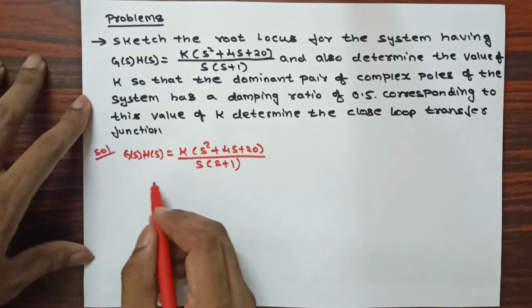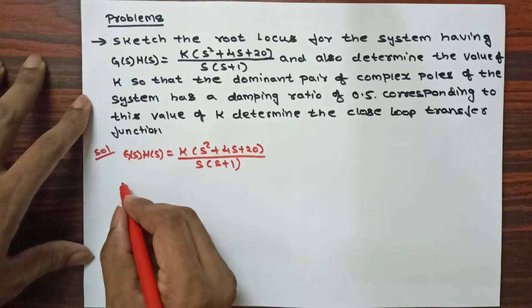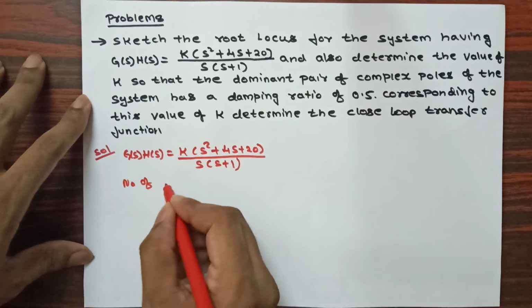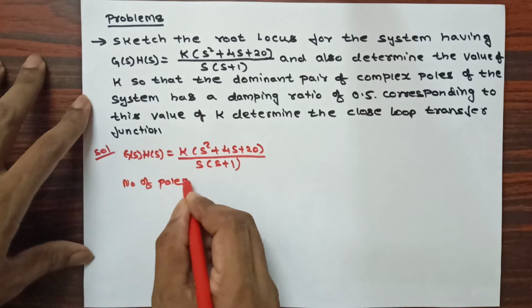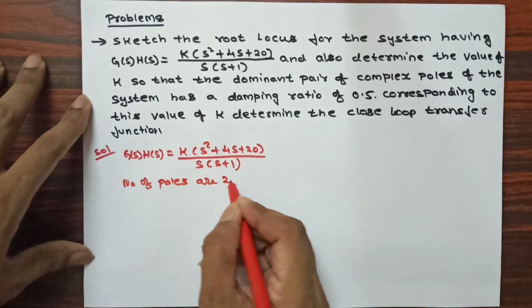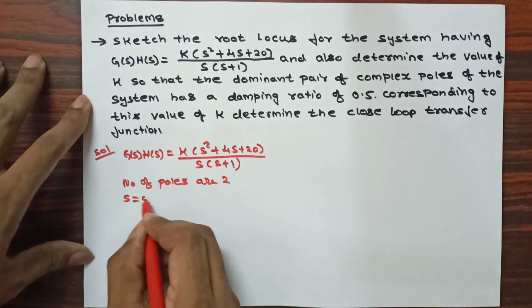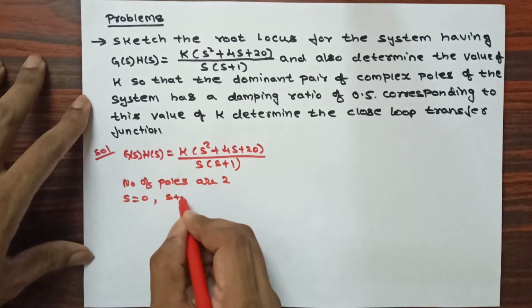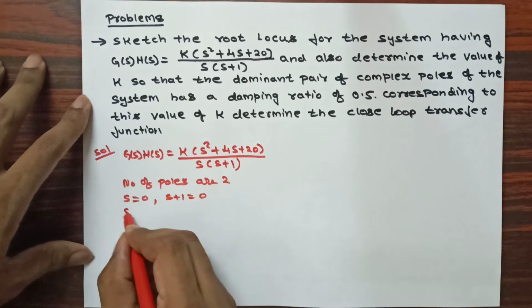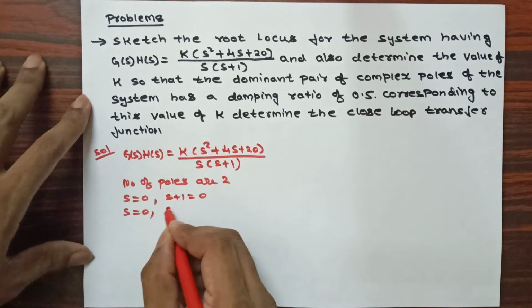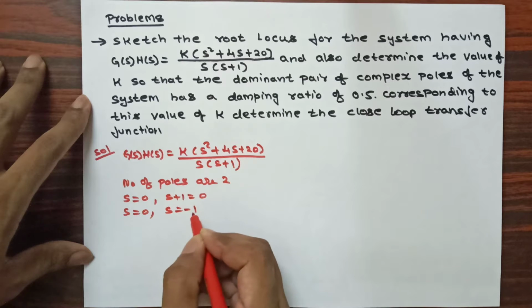So you can see here the number of poles is 2, that is s is equal to 0, s plus 1 is equal to 0. This can be written as s is equal to 0, s is equal to minus 1.